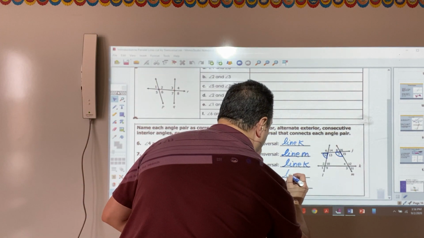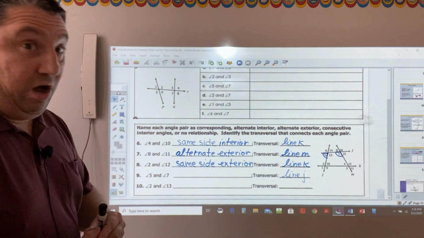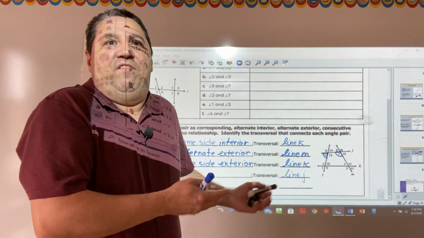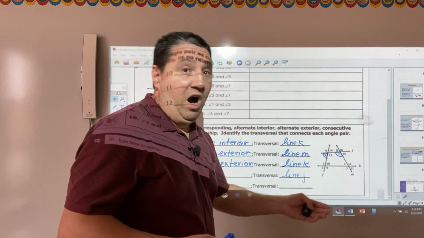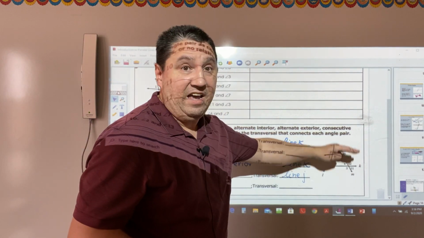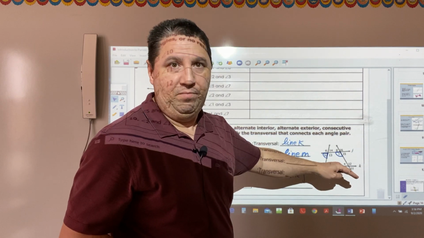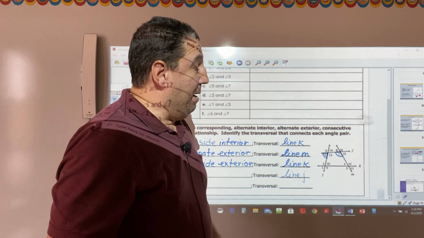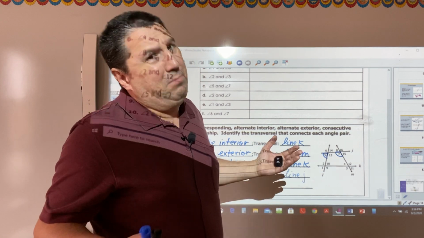Now, how do we decide what type of angles they are? 5 and 7 are both below the transversal. So we may say they are same side.